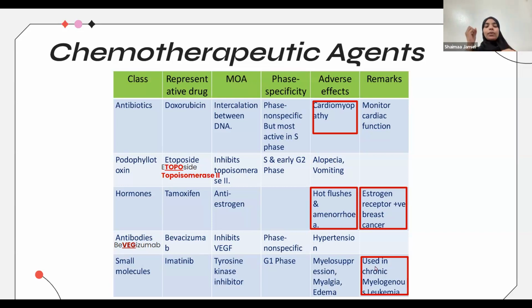So imatinib is going to inhibit this, and this is basically going to inhibit the growth of the cell, and it's a miracle drug for CML. So CML, you use imatinib because tinib, tyrosine kinase inhibitor, specifically in G1 phase because growth of the cell. And yeah, it's used for CML. Okay, so I can move on.